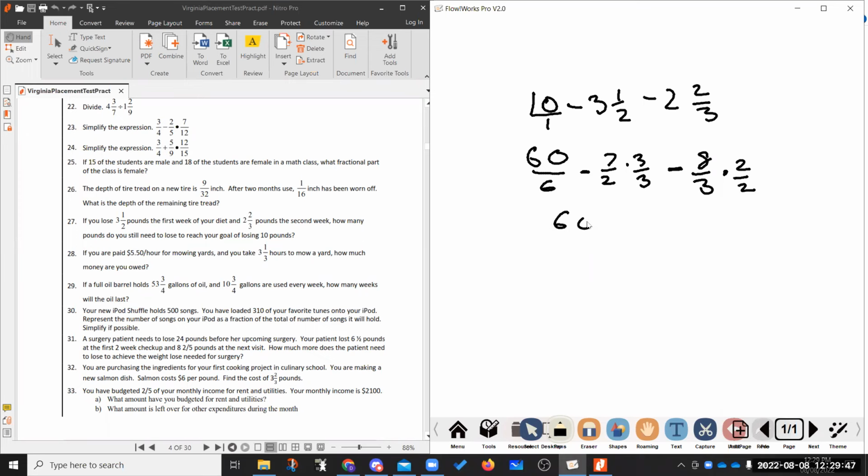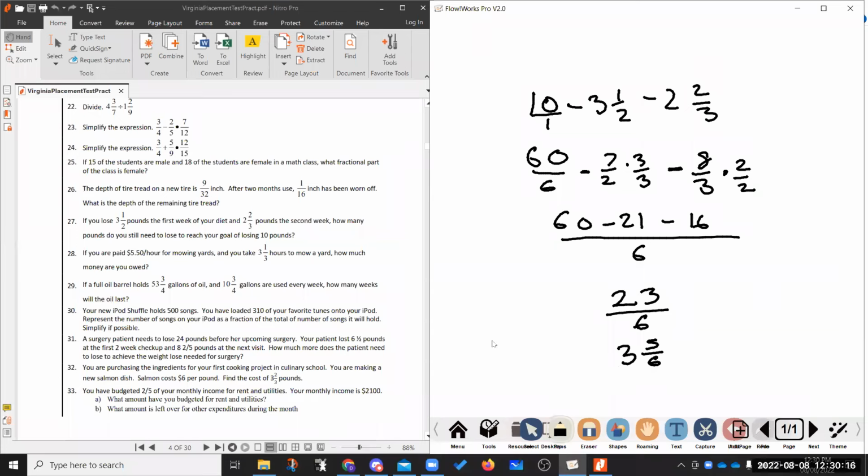This is going to be 60 minus 21 minus 16 all over 6, which is 39 minus 16, which is 23 over 6, which is 3 5/6 pounds. That's what you need to lose still.